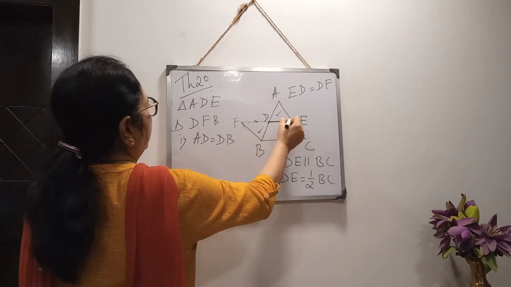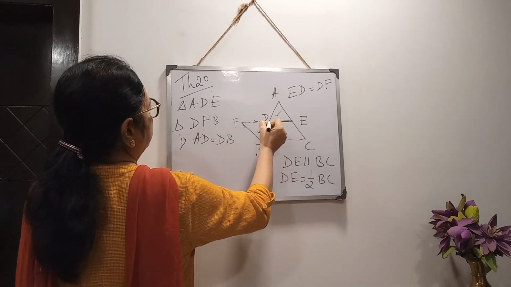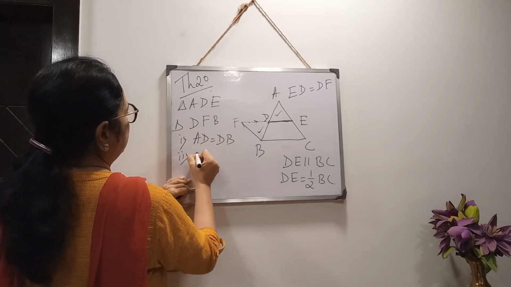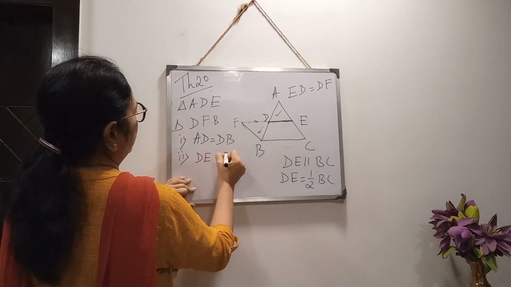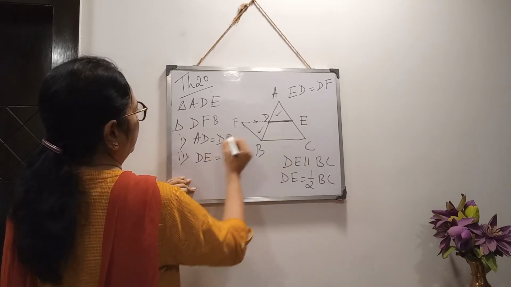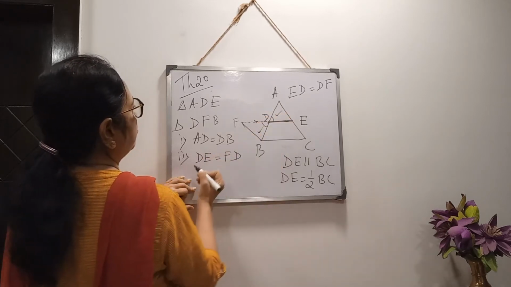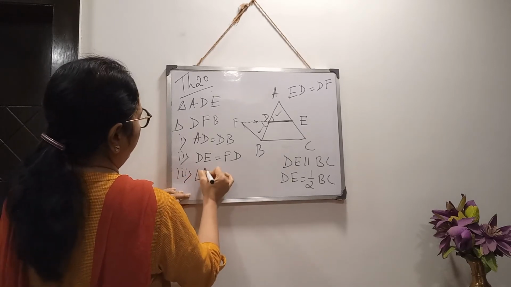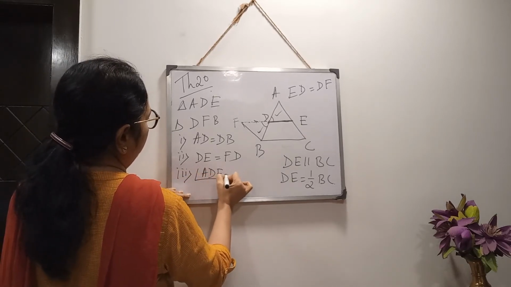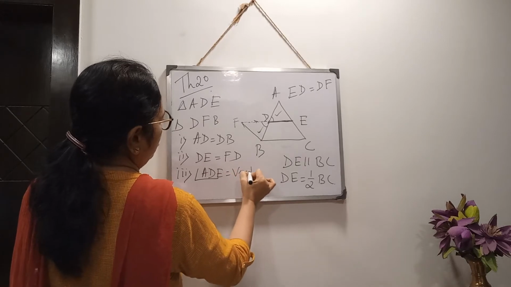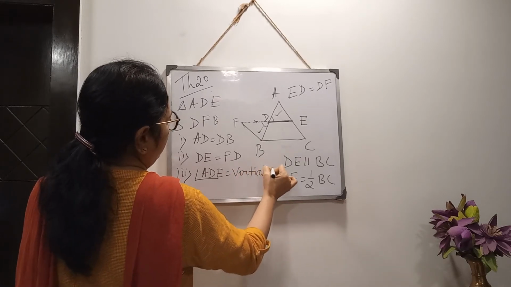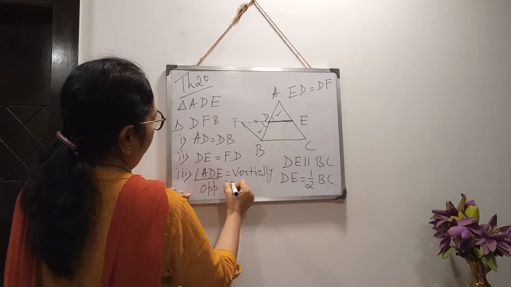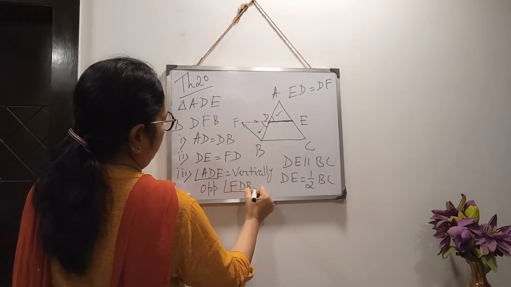And according to my construction, this part and this part are the same, so we can write DE equals FD. Then vertically opposite angles are equal, so angle ADE equals vertically opposite angle FDB.